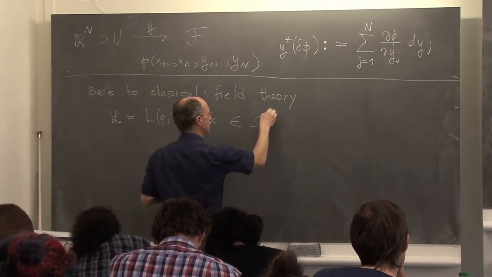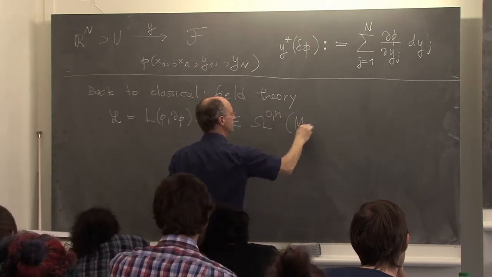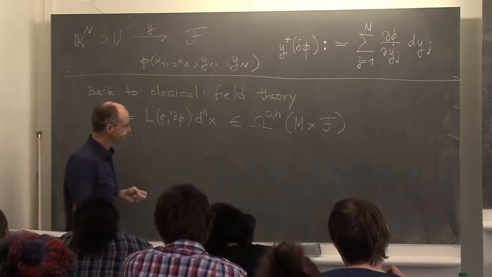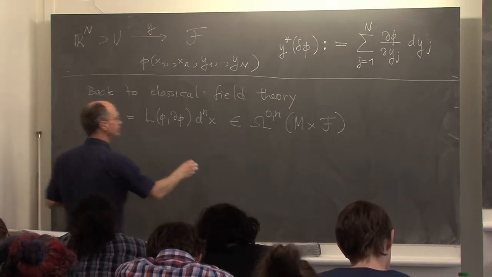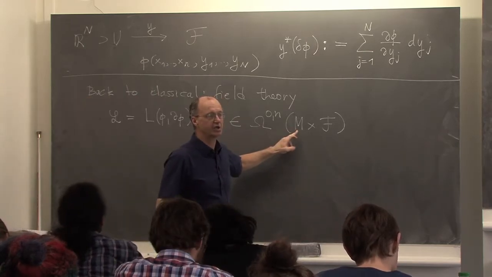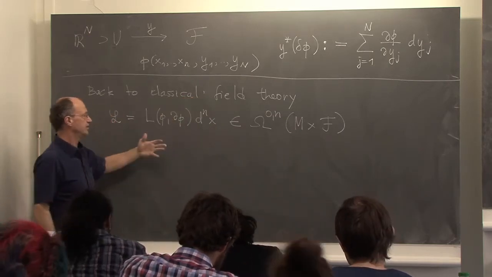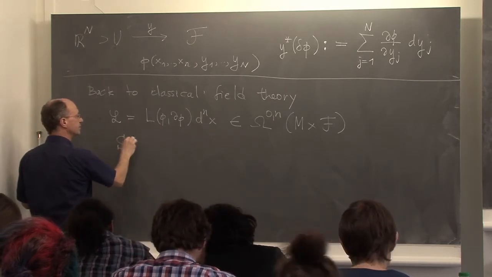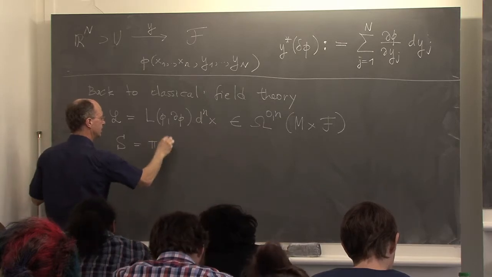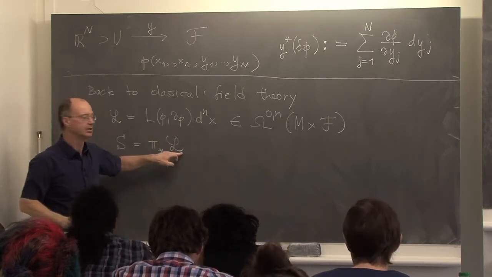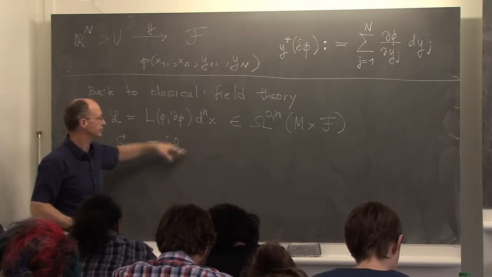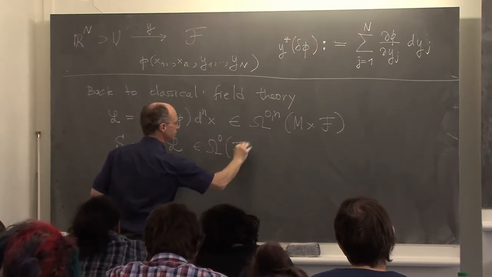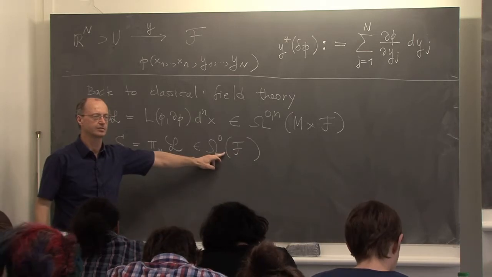Well, it's a zero-n form on M cross F, right? Now, if M is oriented, and the projection pi is sufficiently nice, S is a push forward of L with respect to this pi map, so the integration map, and this is omega 0 in omega 0. So this is a function on F.